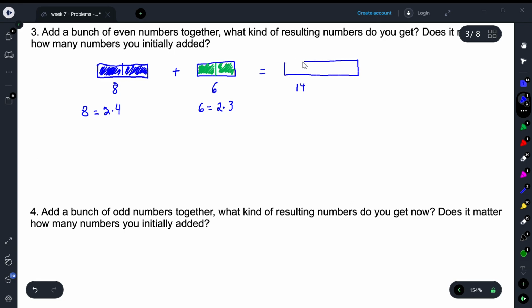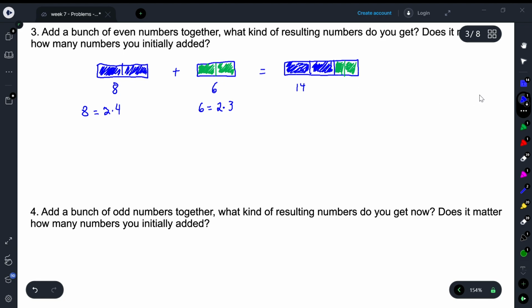But we know that 14 is an even number because we can see how we can easily split it in half. We simply have two blue chunks and two green chunks. So to split 14 exactly in half, all we have to do is take a blue chunk out of the total here and take a green chunk out of the total.